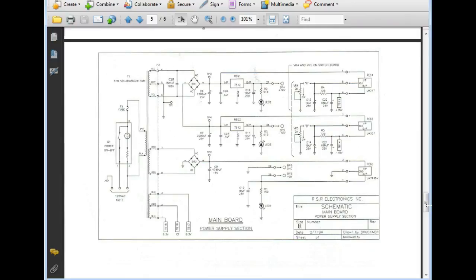And we refer to these as linear power supplies. And you'll run into these a lot.